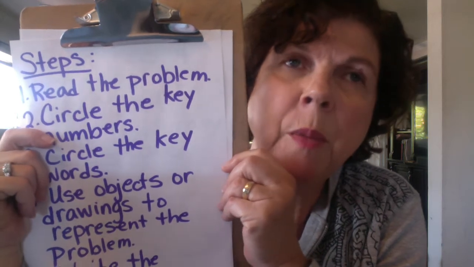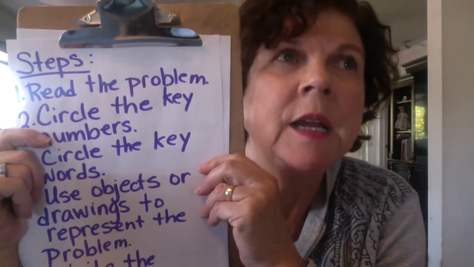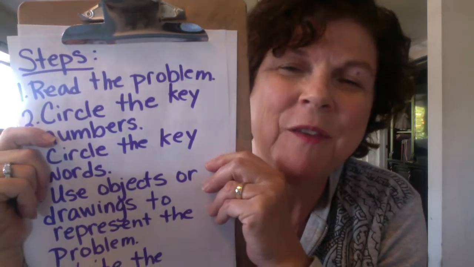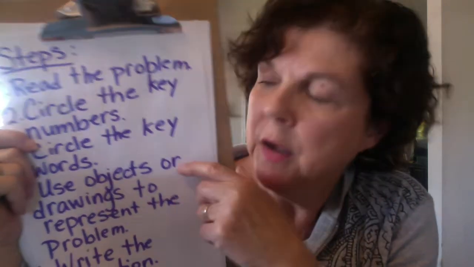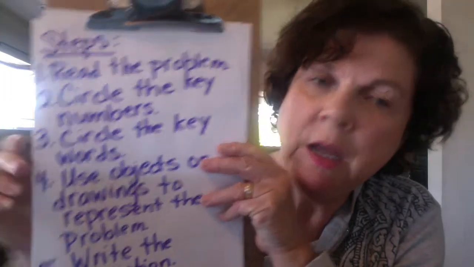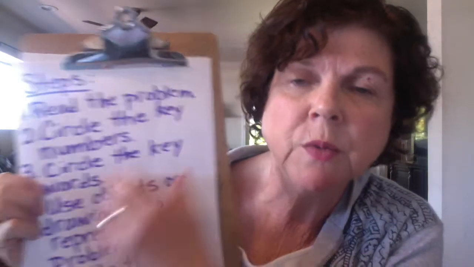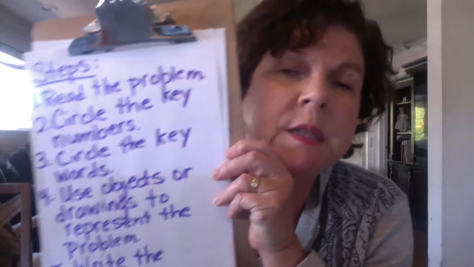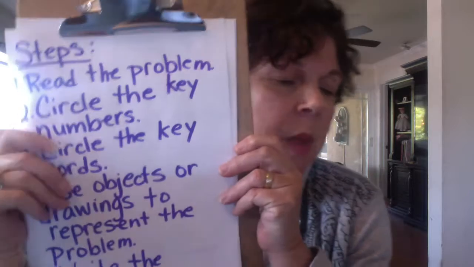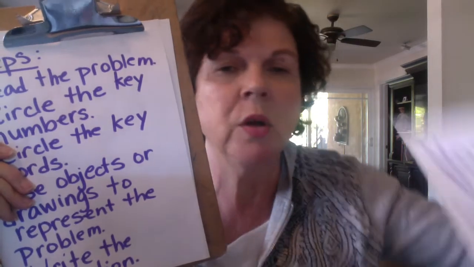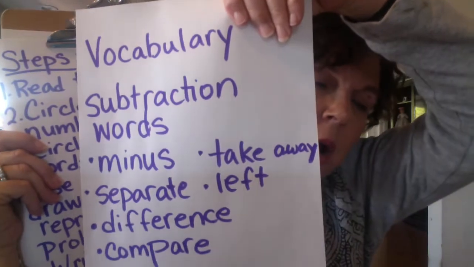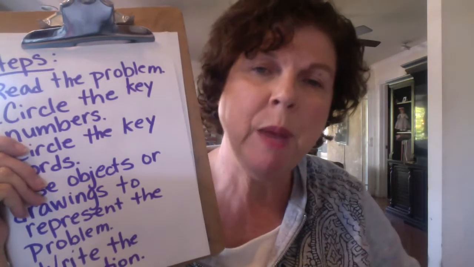And when you come upon those, you could say ding, ding, ding before you circle them if that helps you. Then number 3, circle the keywords. Once again, circle them, say ding, ding, ding, or highlight them. And these are the kinds of words that we talked about. They're on that opening page for you too.